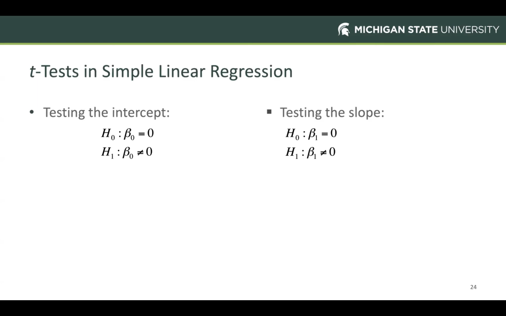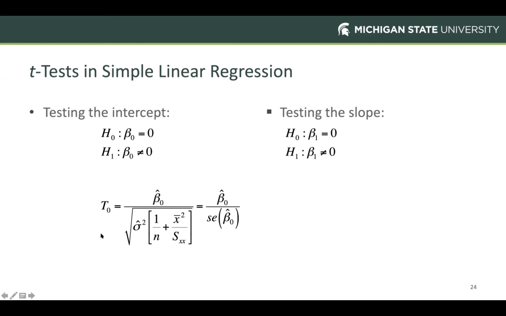Now, what you'll often see as output from standard statistical software is an analogy here. You can use ANOVA to conduct our significance test of the slope, but we can also use t-tests, okay? And we can use t-tests for both the intercept and the slope terms. Here you'll see the corresponding estimates or equations to derive those t-statistics.